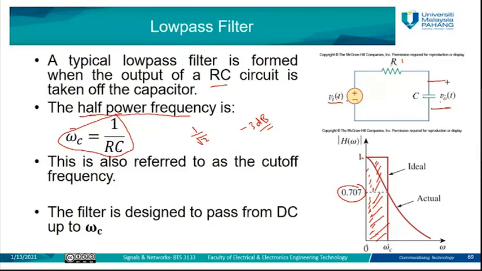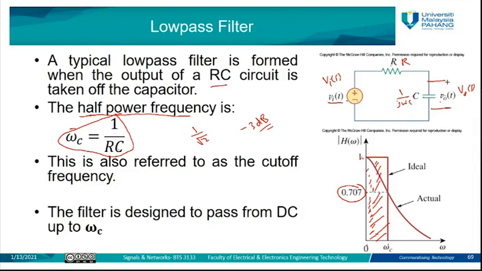So for the transfer function, we have this circuit consisting of one source input and two elements. If you want to find the transfer function, first you need to convert each element from the time domain to the frequency domain. So this one is V in of S, this one is V out of S, this one is still R, nothing changed, and this one becomes 1 over j omega C. Then you write the equation by using KVL, which is V in is equal to IR plus V out.